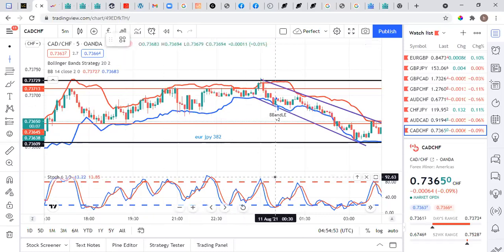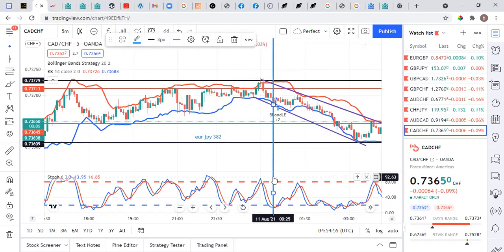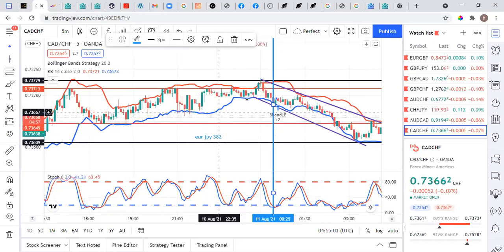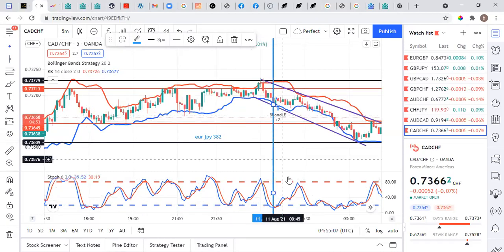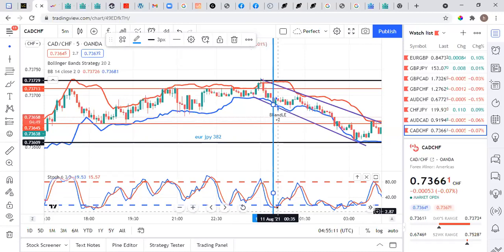Okay, so you can see this. It's crossing, but I'm not buying now because this is a downtrend. Normally, I won't buy in a downtrend. Do you understand? When it crossed this support, you were looking for buys.